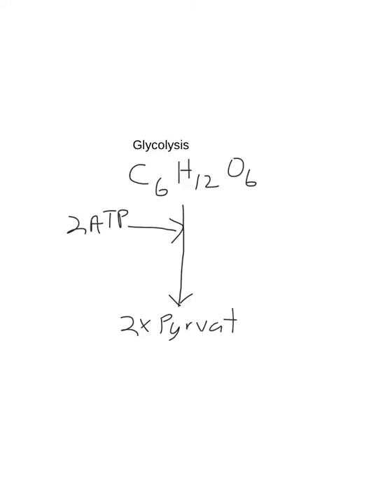Now, the pyruvate molecules, like we explained, are not exactly half of a glucose. Each of these is composed of 3 carbons, 5 hydrogens, and 3 oxygens. We're missing, and there's 2 of these, 2 hydrogens, 1 from each molecule.